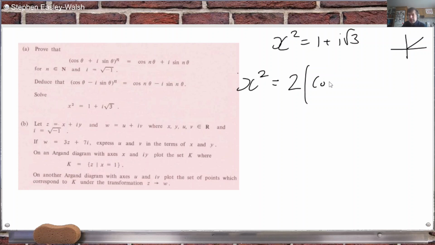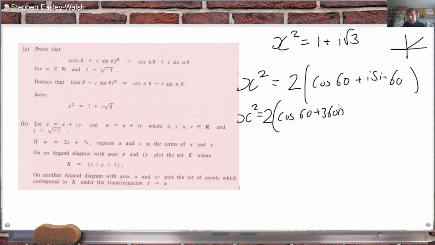So that's 2 (cos 60 plus i sine 60), or rather in general polar form, that's 2 (cos (60 plus 360n) plus i sine (60 plus 360n)).